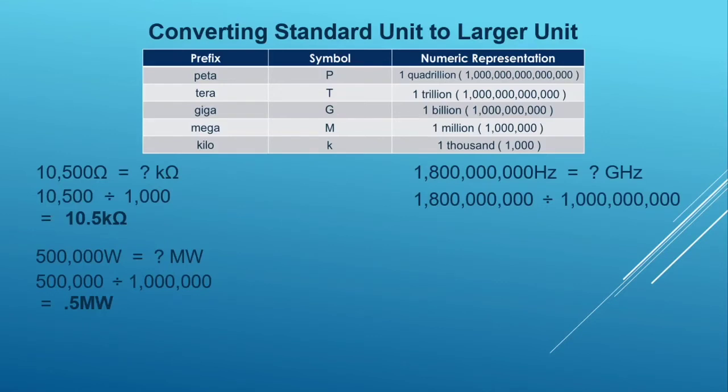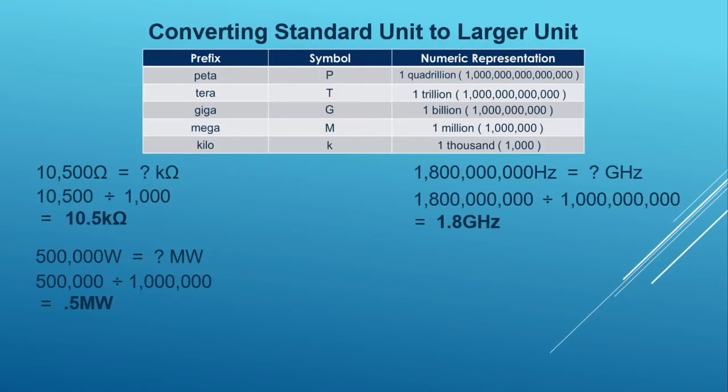So 1,800,000,000 divided by 1 billion, we have 1.8 gigahertz.